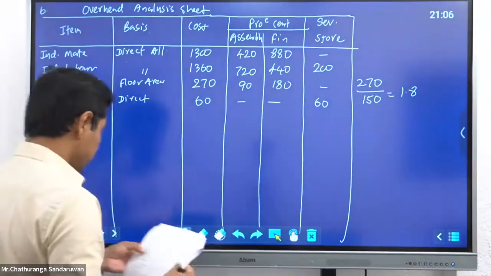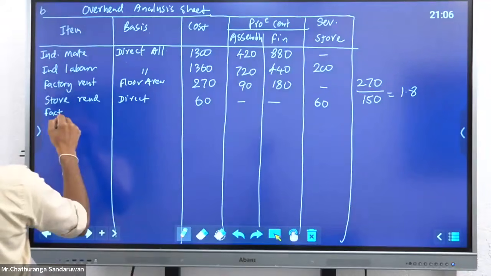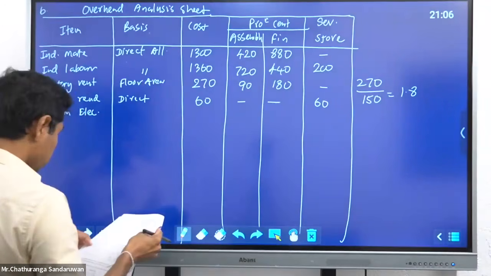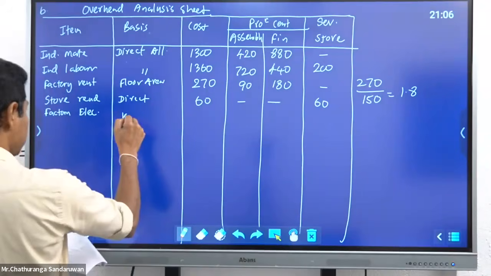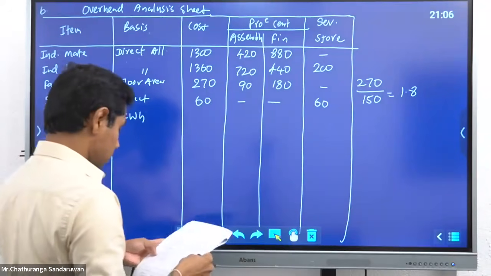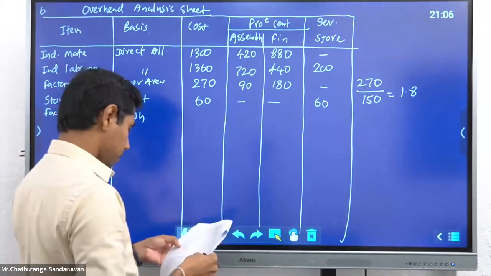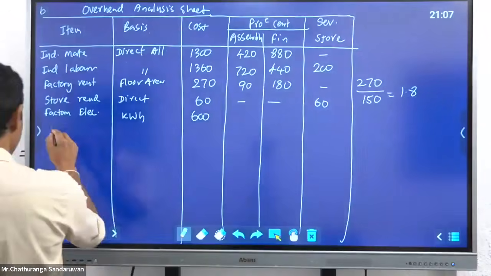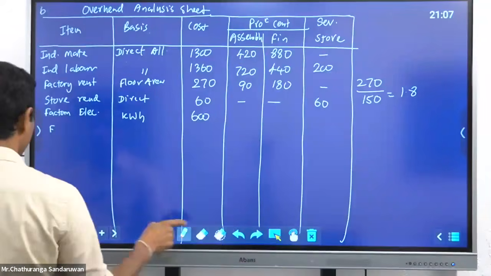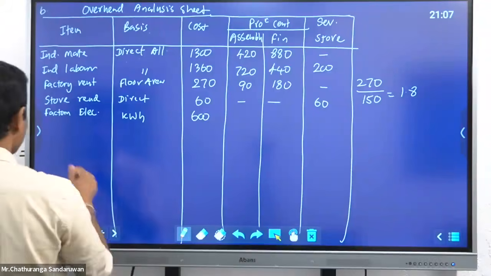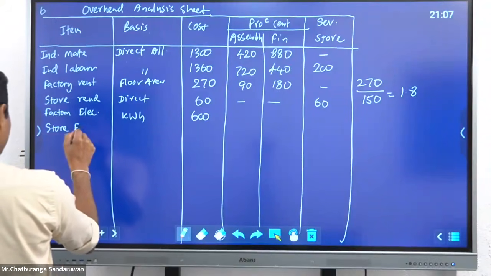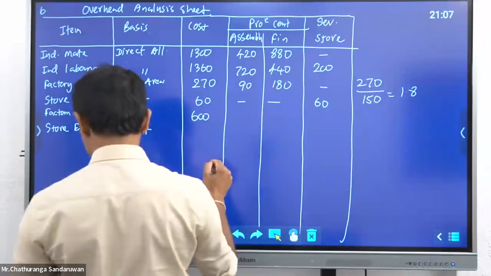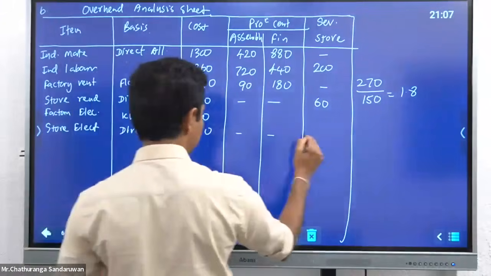Similarly, the factory electricity should be apportioned based on the kilowatt hours. That's 600, and then they say electricity of the store, that is direct, 70, that should be taken to the store.